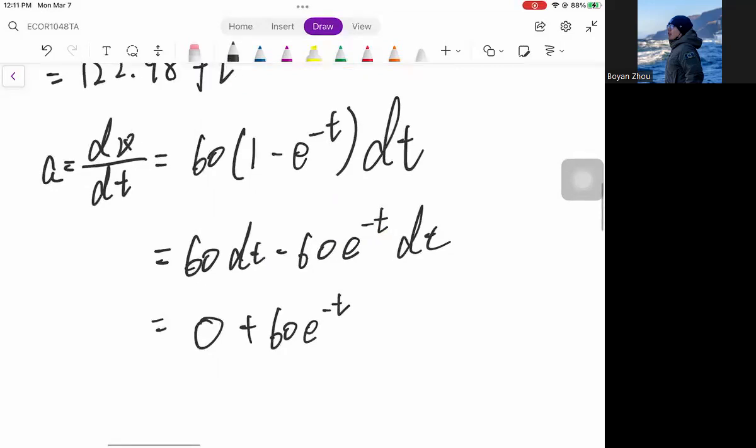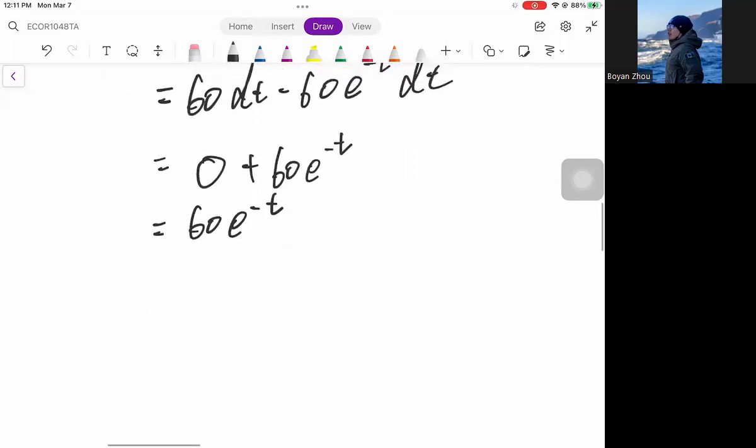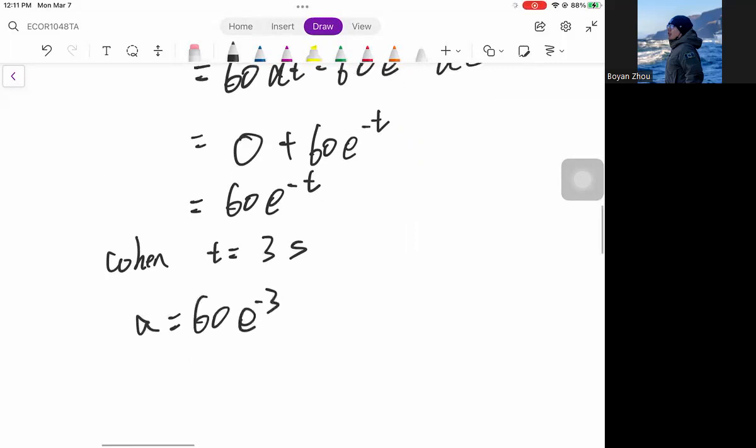It's a bit of the chain rule, but I assume you all remember it from last year's math class. So what we have is just 60 e to the negative t. When t equals 3 seconds, we plug into this equation, and the acceleration is equal to 60 times e to the -3. So that is 2.99 feet per second squared.